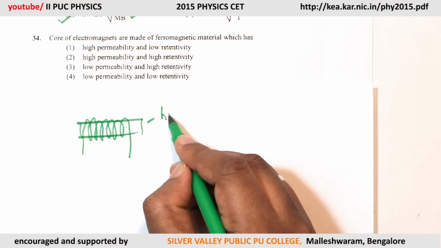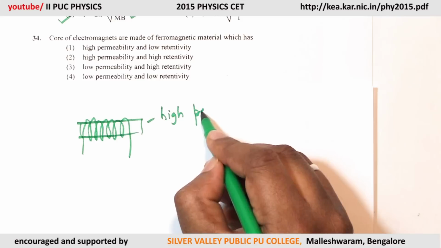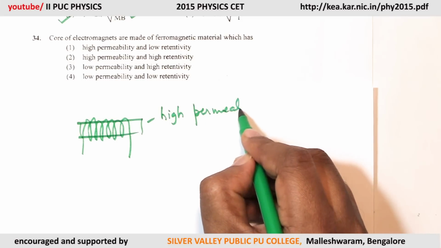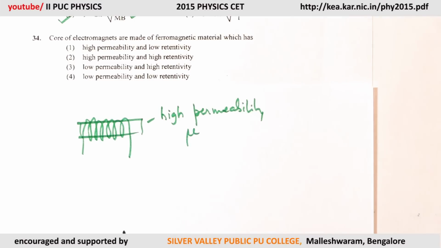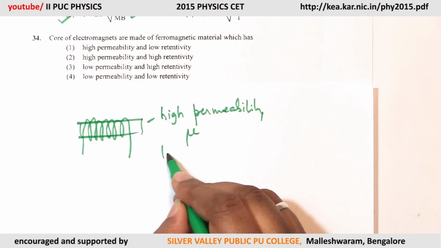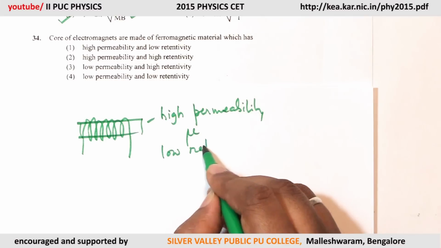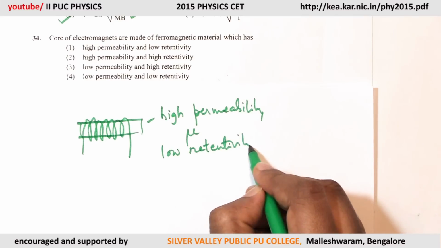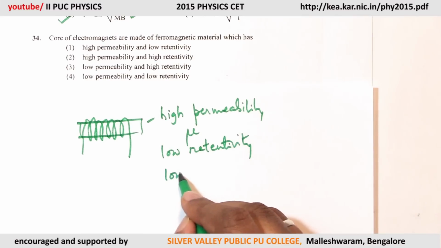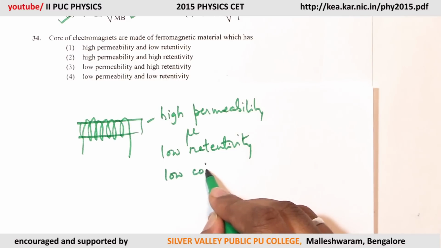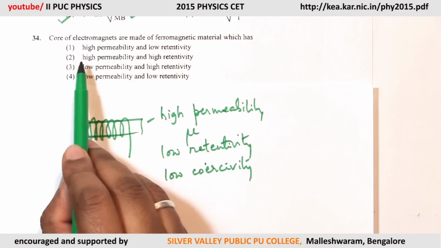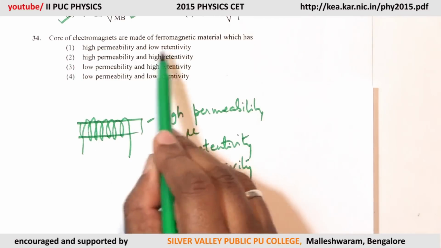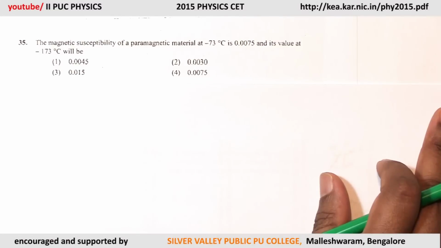So high permeability means mu, and very low retentivity, low retentivity and low coercivity. These are the characteristics. So it is high permeability, low retentivity.